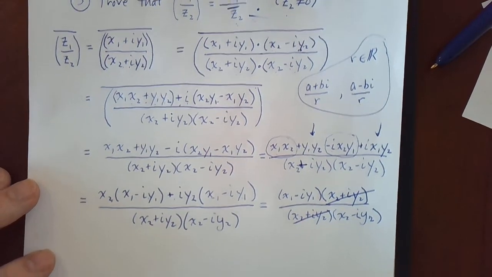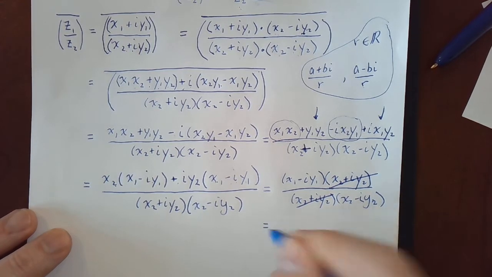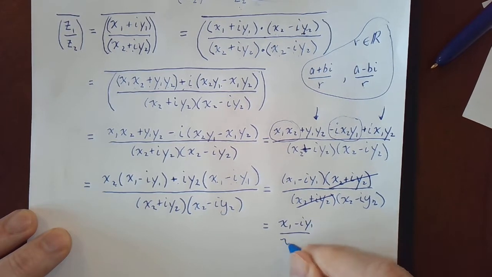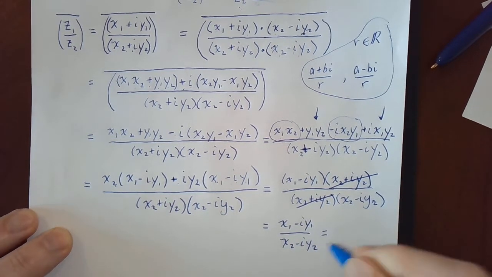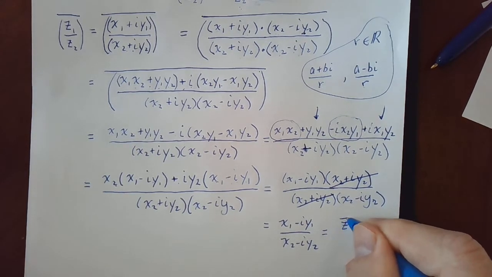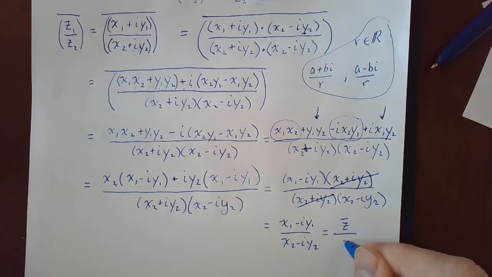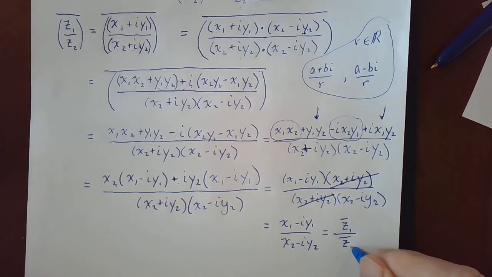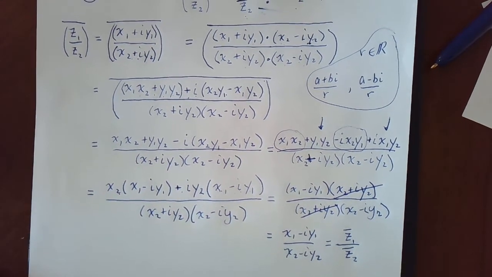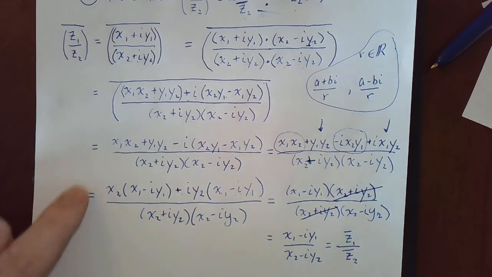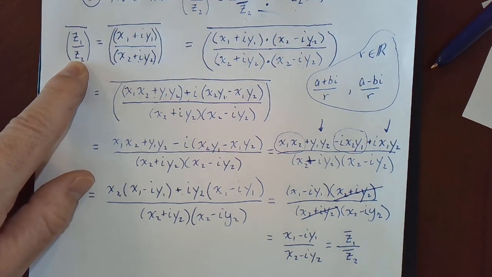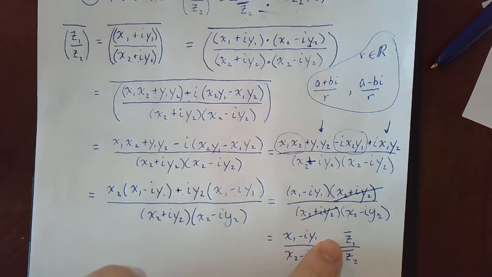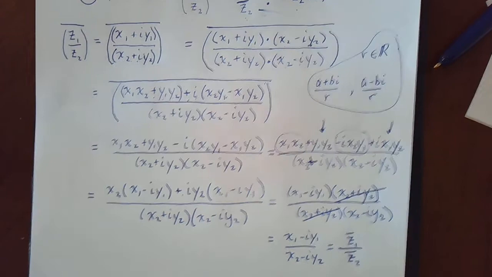And we get that this is x1 minus i y1 over x2 minus i y2, which is exactly the complex conjugate of z1 over the complex conjugate of z2, which was exactly what we wanted to prove. We proved that the complex conjugate of z1 over z2 is equal to the complex conjugate of z1 over the complex conjugate of z2.